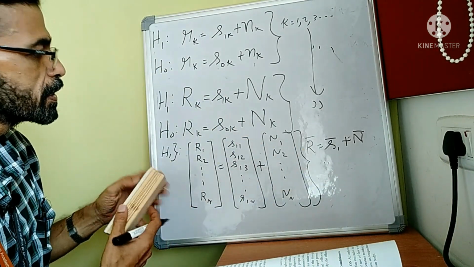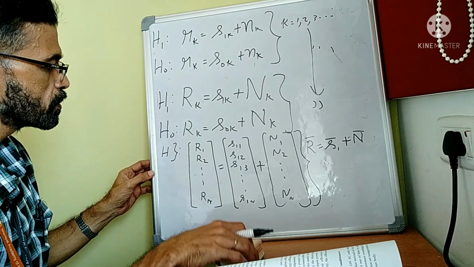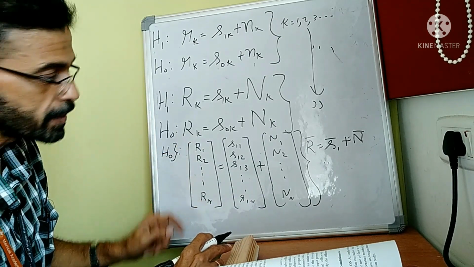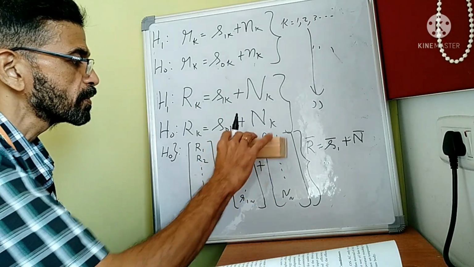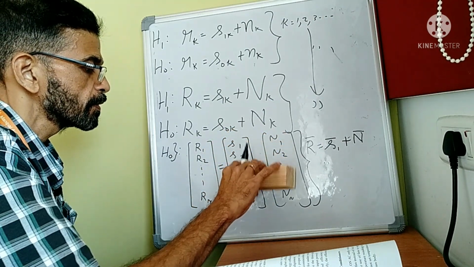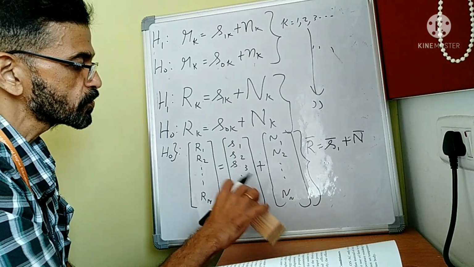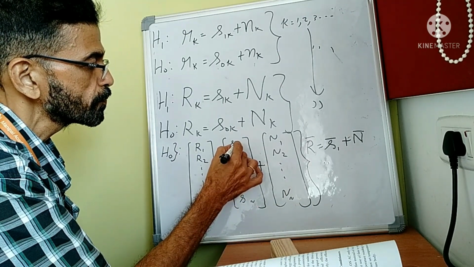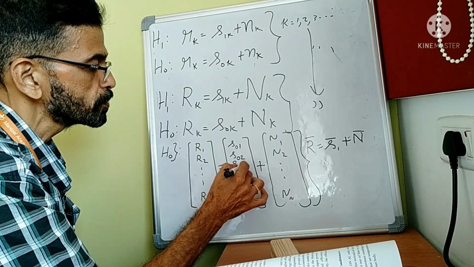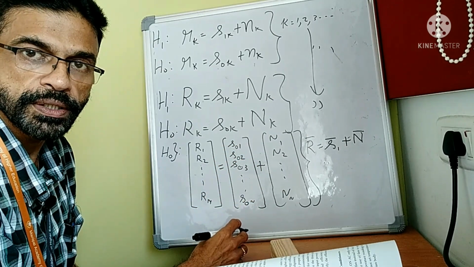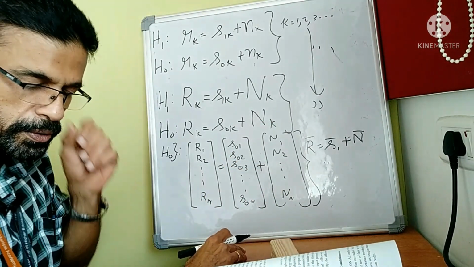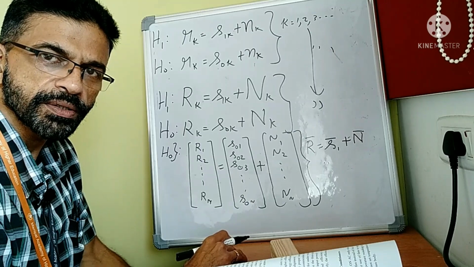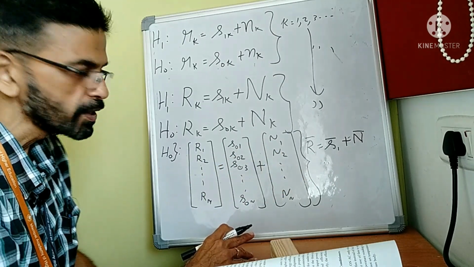Correspondingly, when H0 is the true hypothesis, we receive a random vector like this, but instead of S11, S12 and so on, we will have S01, S02, S03, up to S0n. And of course the noise random vector will be there.